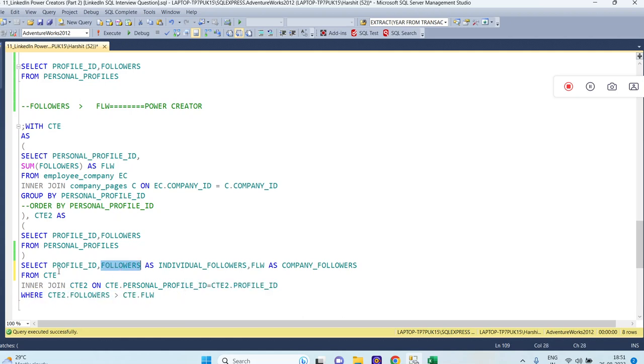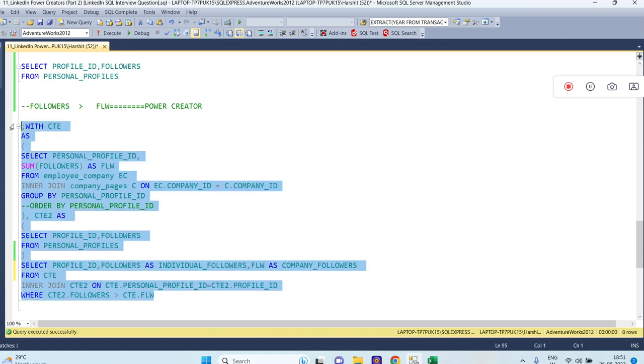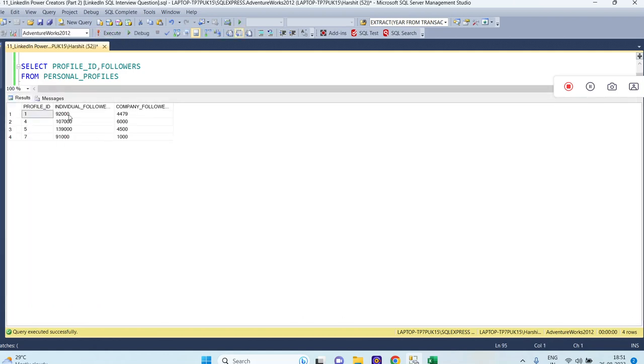CTE 2 follower should be greater than CTE 1 follower. That only we have written over here. So if you now run the entire query, all these values should be greater than this value. Then only the individual will be considered as a power creator, right?